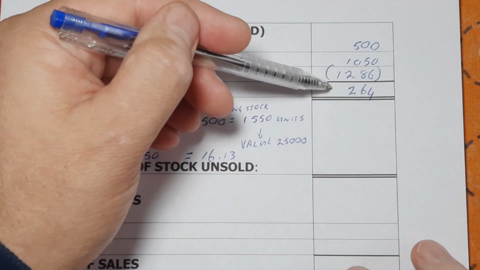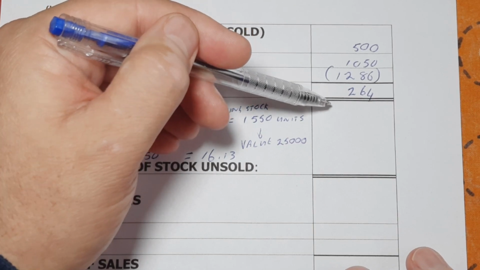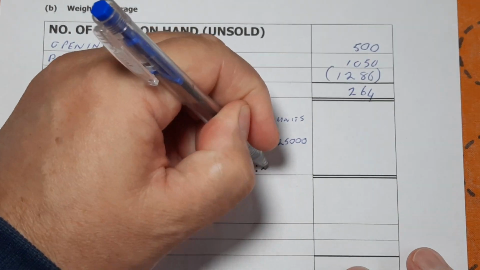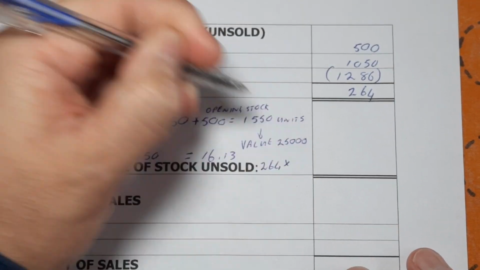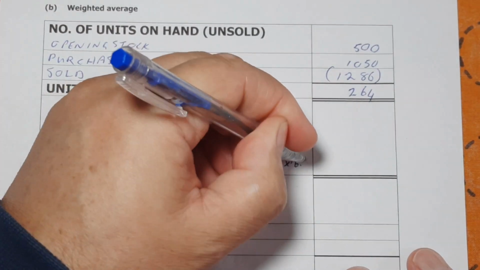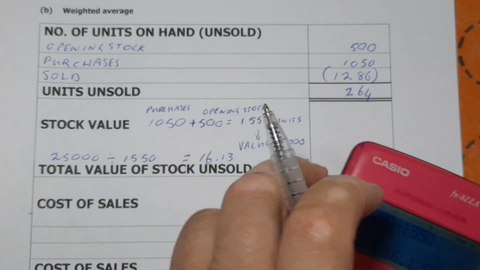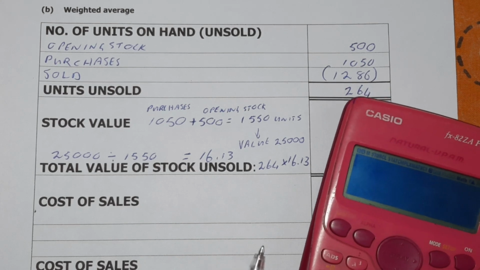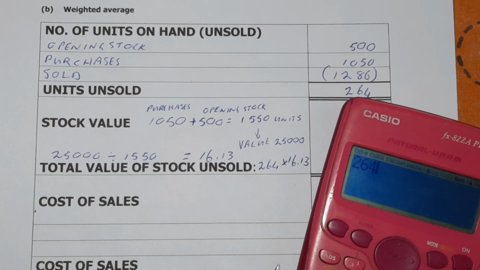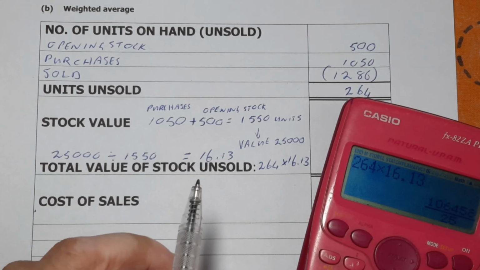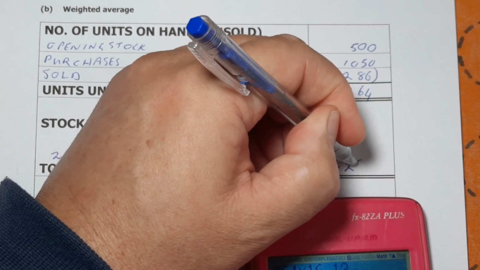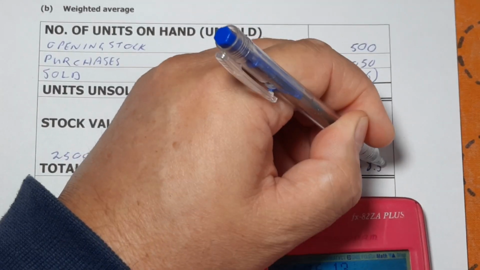Now, we've had 264 items left over. So we will take the 264 items times 16 Rand and 13 cents. 264 times 16.13 equals 4,258 and 32 cents.